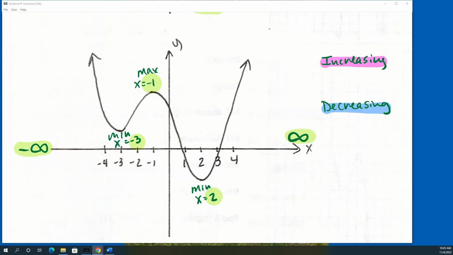But I know, if you're walking along the graph from left to right, that is increasing, and so is this. And then everywhere else on the graph, we're falling. You're going downhill. That's decreasing. That's decreasing.